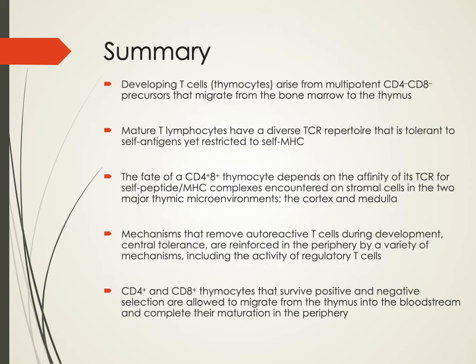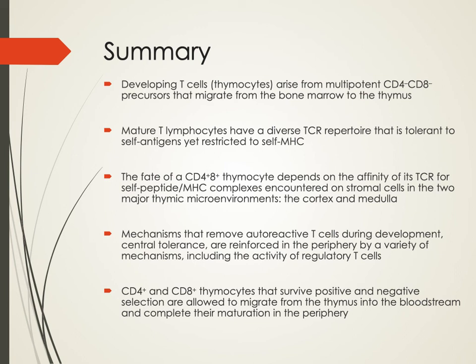Just to summarize, the big key pieces that you should take home from this chapter: the development of the T cells, the thymocytes, arise from multipotent CD4 negative, CD8 negative, so double negative precursors that are going to migrate from the bone marrow into the thymus.